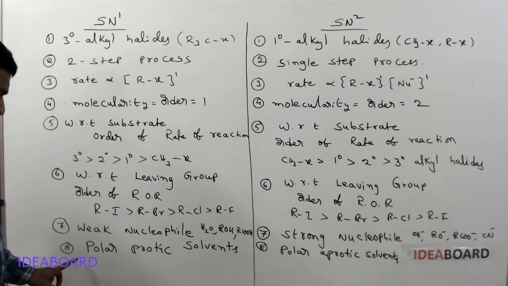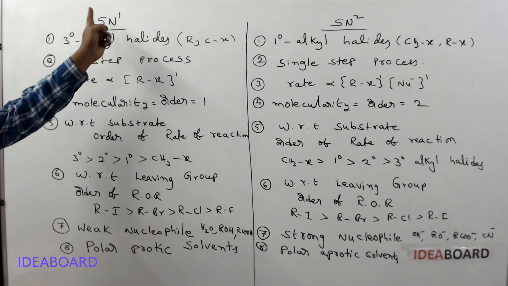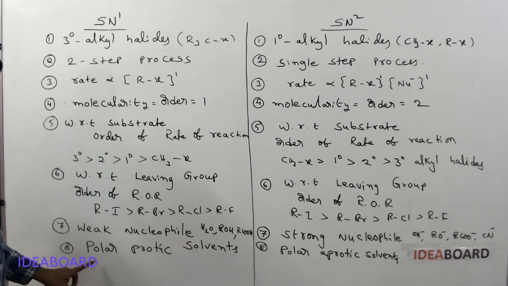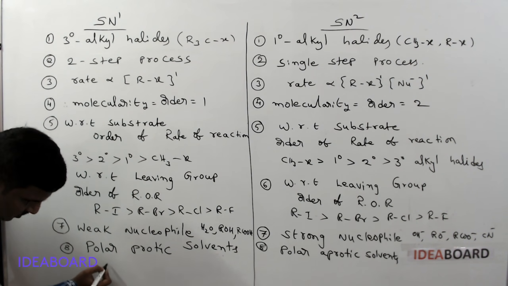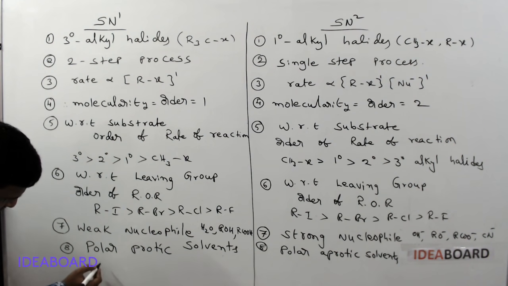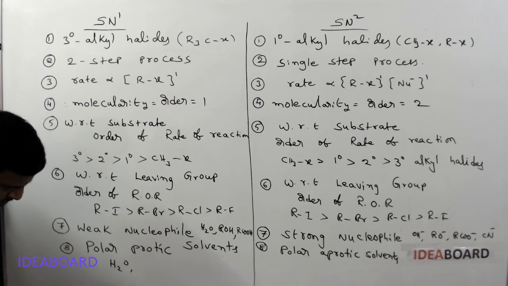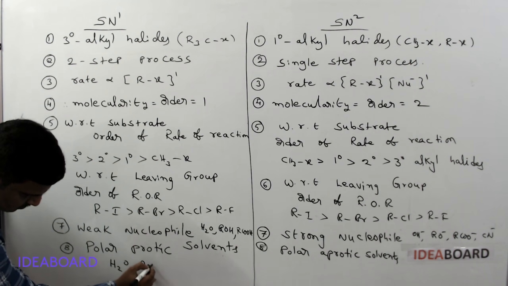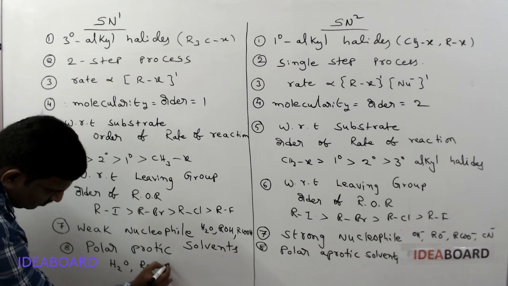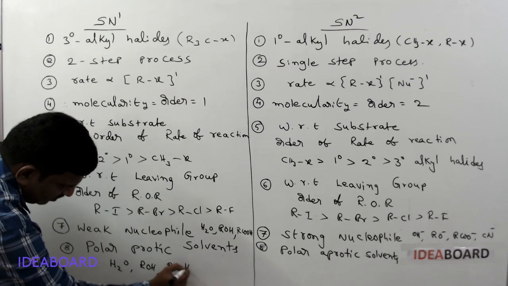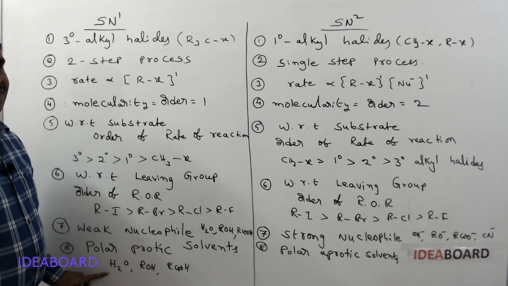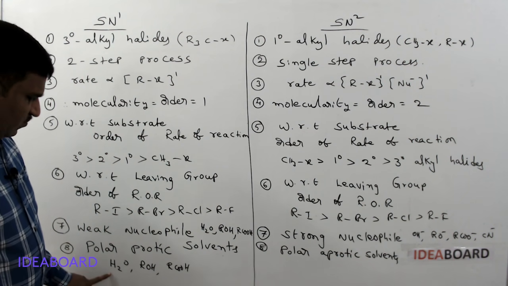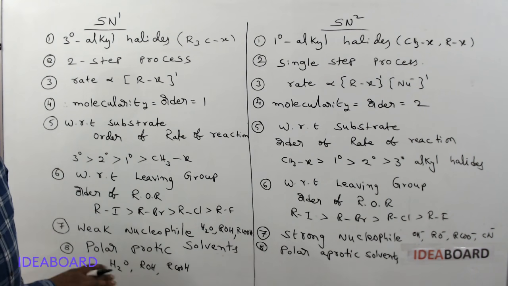And what type of solvent is required for the SN1 reaction? Polar protic solvents. Examples I gave are H2O, alcohols and carboxylic acids. They are called polar protic solvents. If the solvent and the nucleophile are both the same, such as water, then it is also called a solvolysis process.